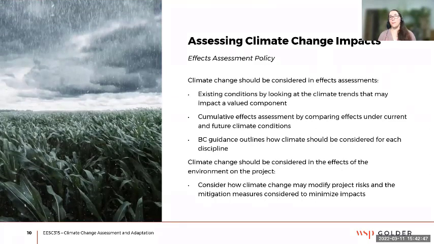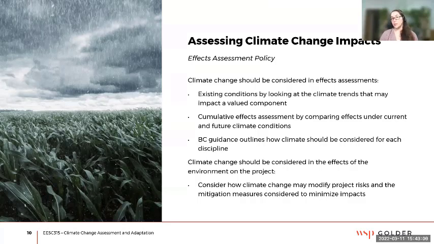When we talk about climate resilience in terms of the effects assessment, we need to look at the existing conditions. And so over that baseline period, how have things been changing? And how can that impact any of the valued components? In the cumulative effects assessment, you want to look at both the current and the future projected conditions.